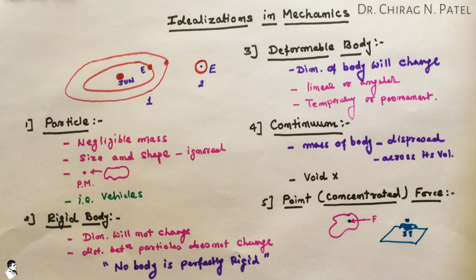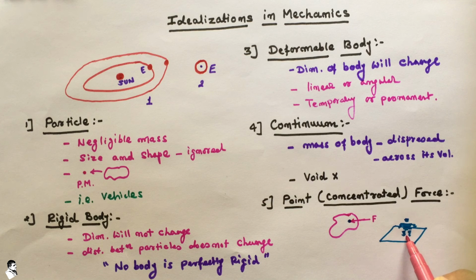We are not going to consider what type of force is available here and how it is transferred from different parts of the body, but we generally assume or idealize that there is one point and the force is transferred through that point only. So that is our concentrated force assumption.